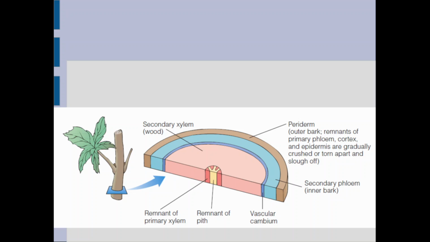The vascular cambium is continuous, and the cells between the vascular bundles divide constantly, and they connect the vascular bundles to form a complete ring. Unlike in the herbaceous tissues, they are in the bundles.